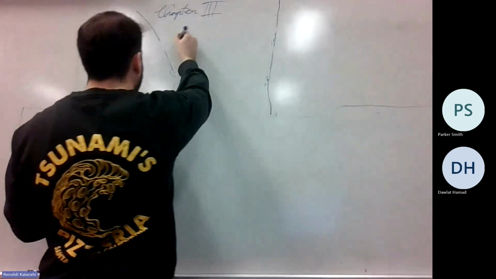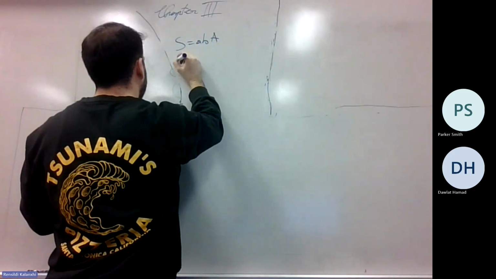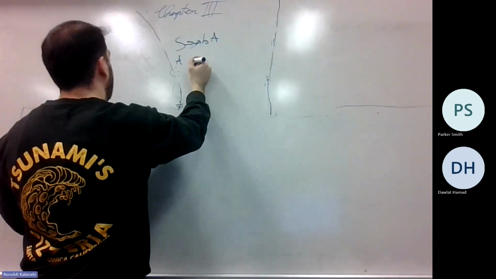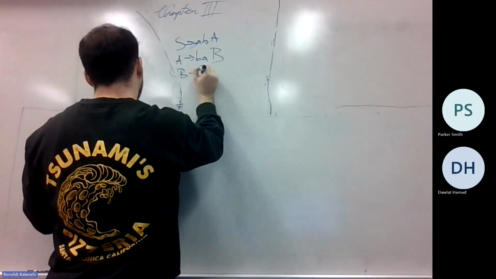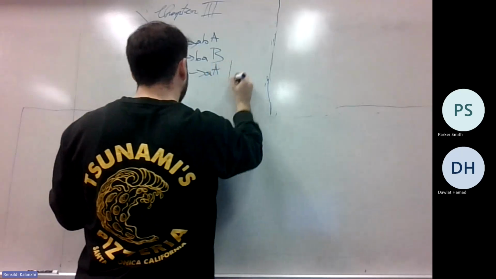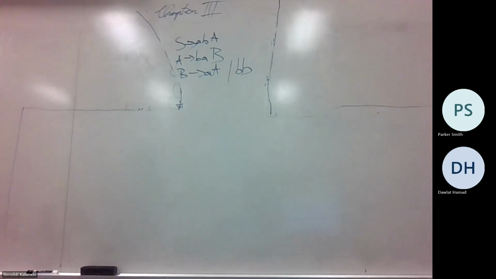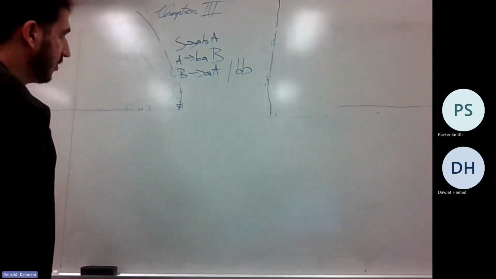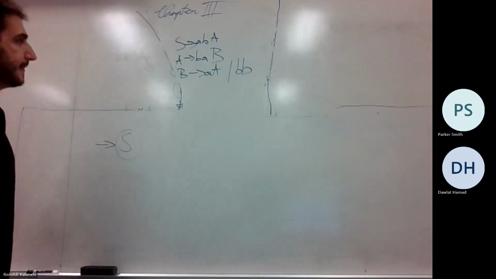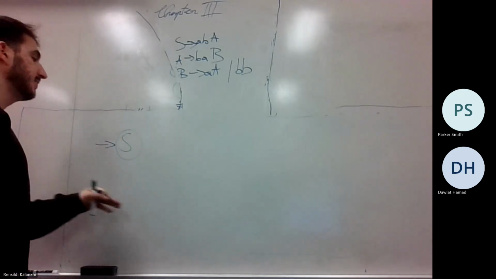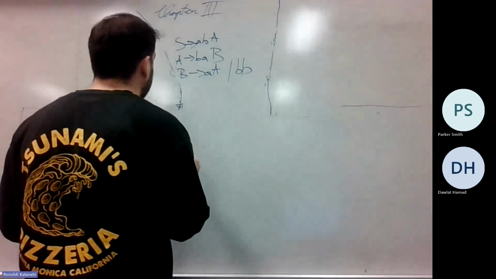The other one is S arrow A B A, then A B, then B A, capital A or B. Okay, so we start with the initial state, which is S, pointing AB to this A state.